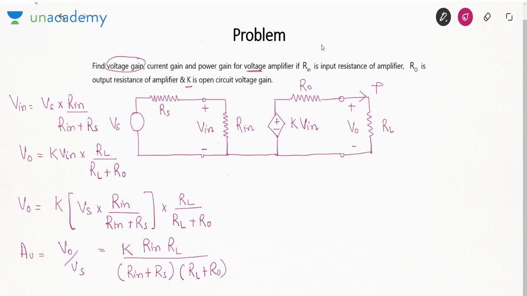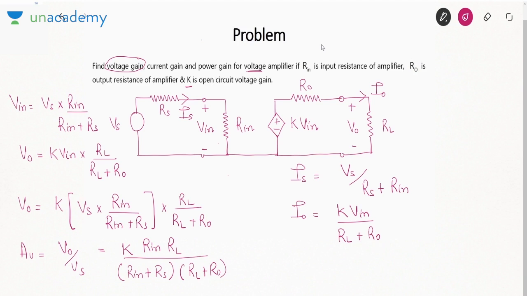For the current gain I need I0 and I need Is. Now this Is is simply Vs over Rs plus Rn. And I0 is K Vin upon RL plus R0.